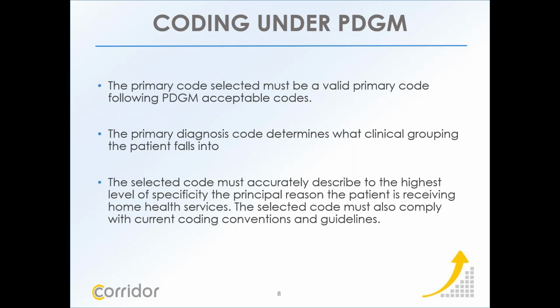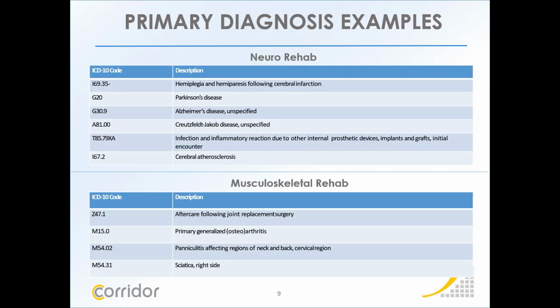The biggest part here is that the selected code still has to comply with current coding guidelines and conventions. So you'll still see that we sometimes have to list certain things in certain orders. Those rules will still apply. Next slide, please.